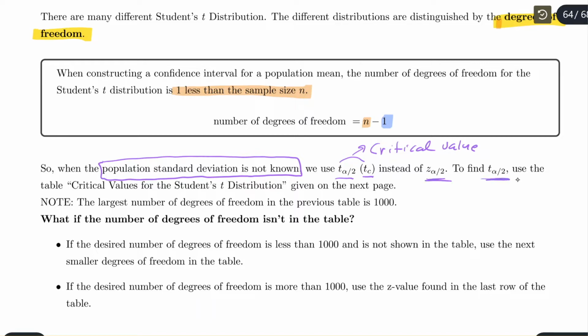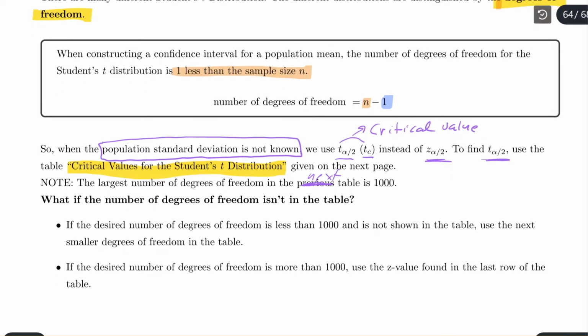To find the t critical value, we use the critical value table for the student t distribution. We use this table, which is given on the next page. The largest number of degrees of freedom is 1,000.